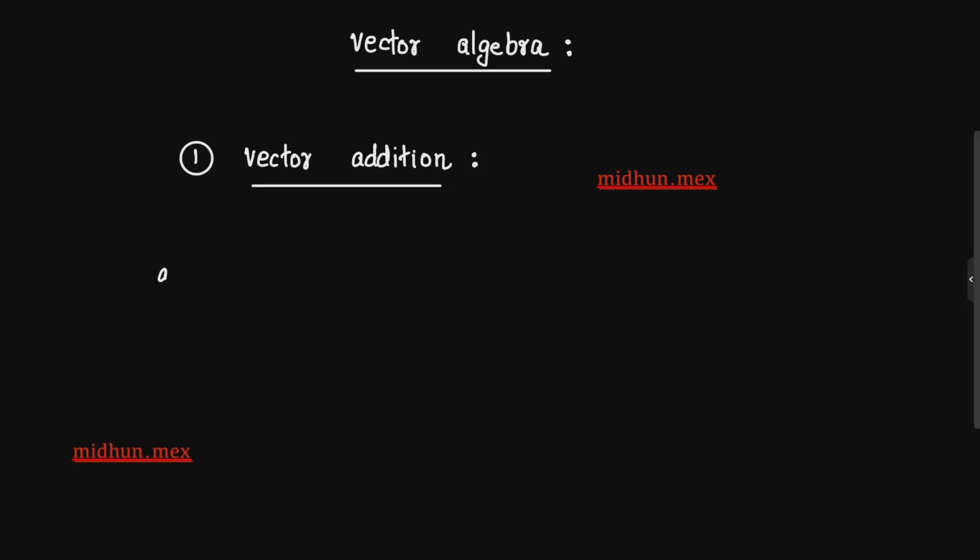Our method 1, we call it by the name parallelogram law. So method 1 is parallelogram law, and method 2 is triangle law. You have parallelogram law as well as triangle law.